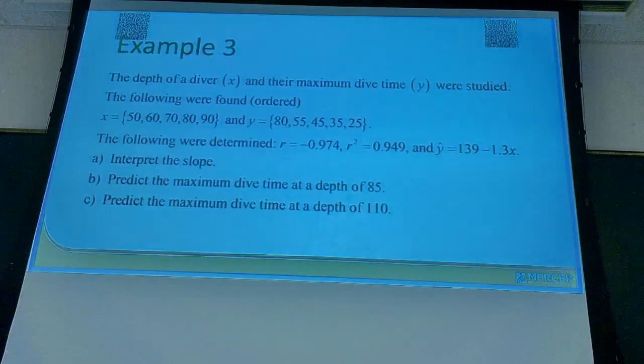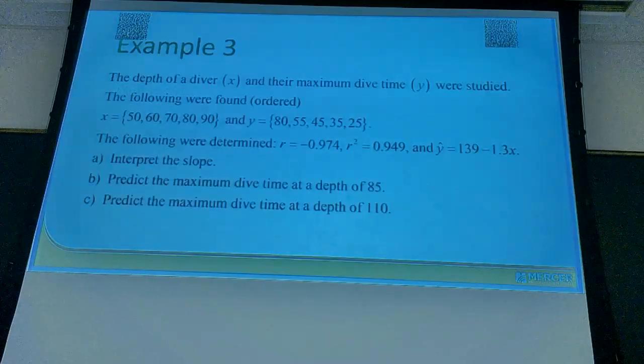Negative 1.3, right? Now for the interpretation. The response variable here is the maximum dive time. The explanatory is the depth. They don't give us units.